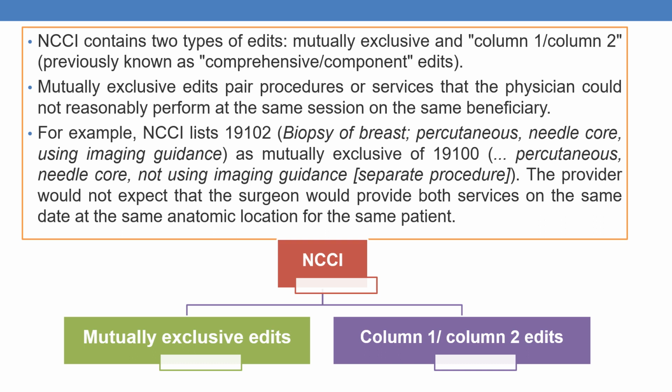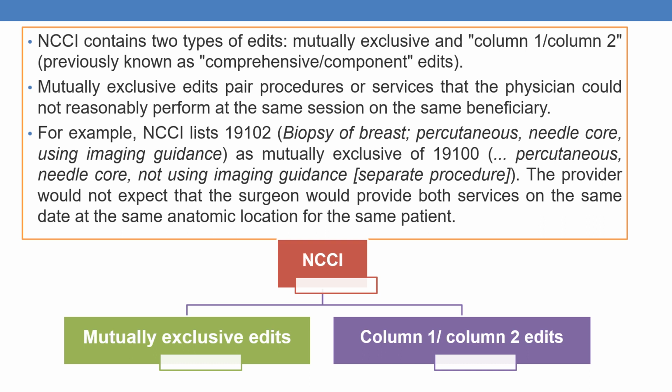And the NCCI contains mainly two types of edits: mutually exclusive edits, and the second one is column 1 and column 2 edits. Mutually exclusive edit pairs are procedures or services that a physician could not reasonably perform at the same session on the same beneficiary.